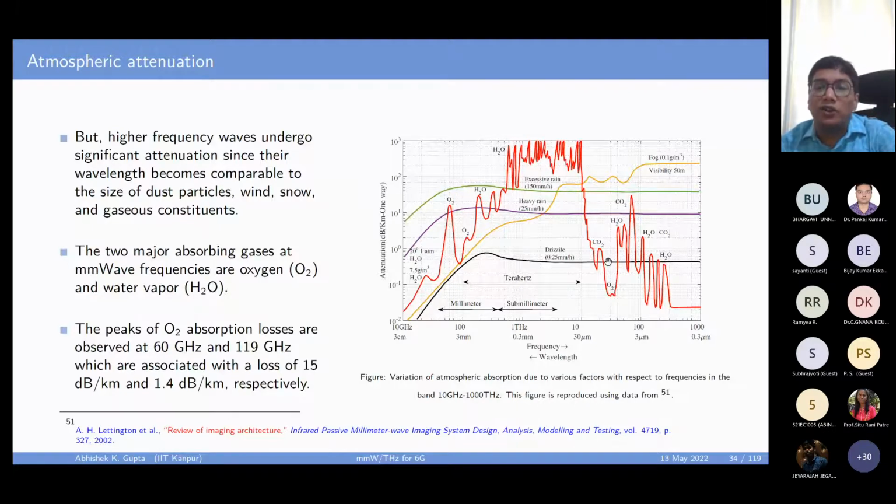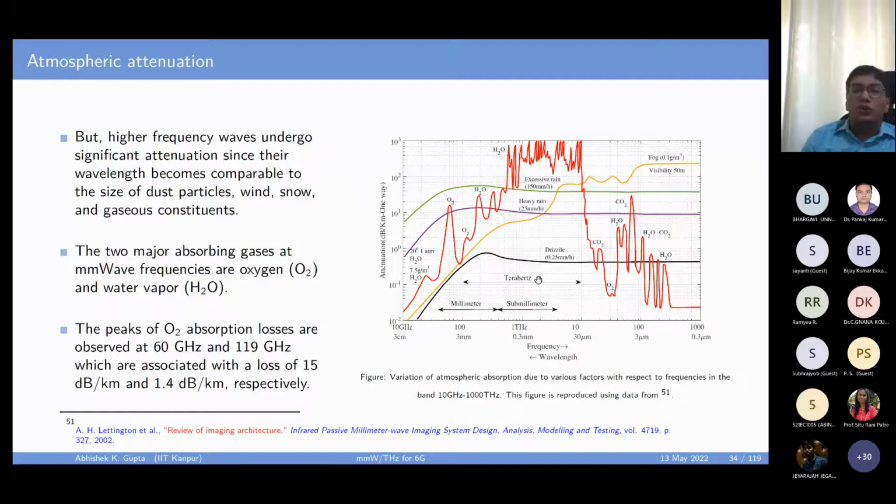Then I also plot the attenuation when you have excessive or heavy rainfall. Of course, these attenuations are in dB per kilometer.